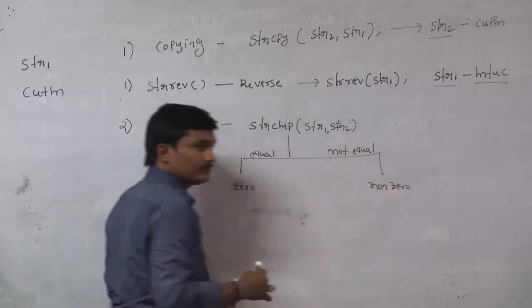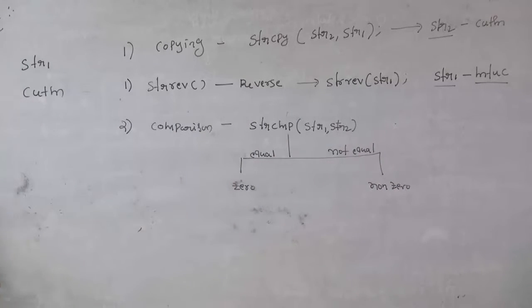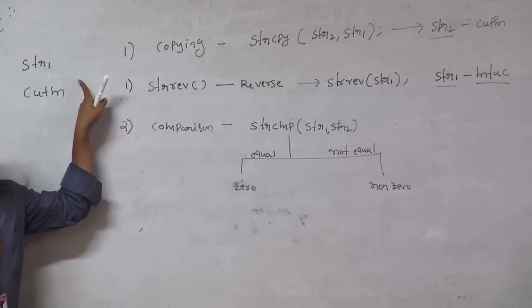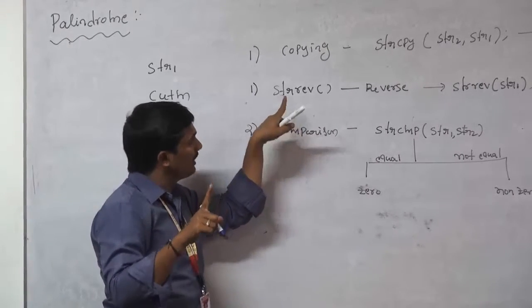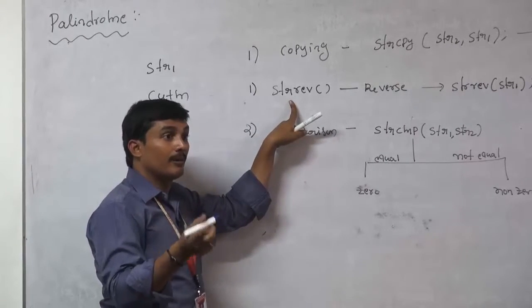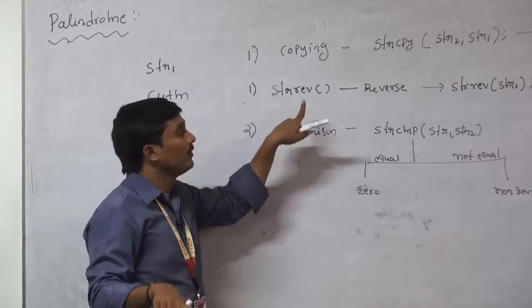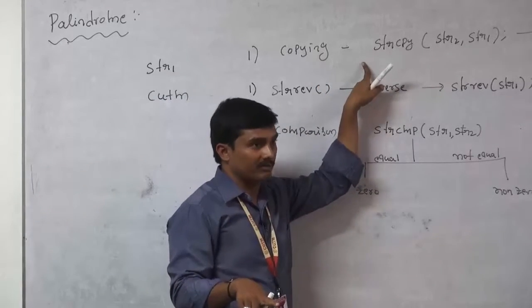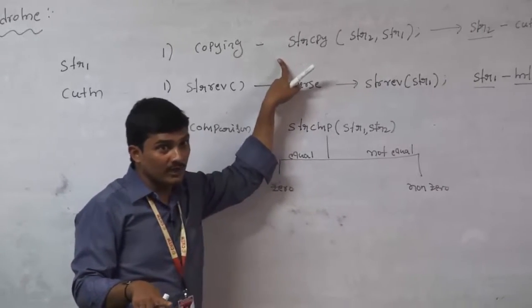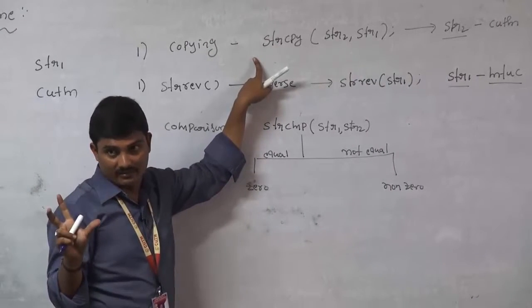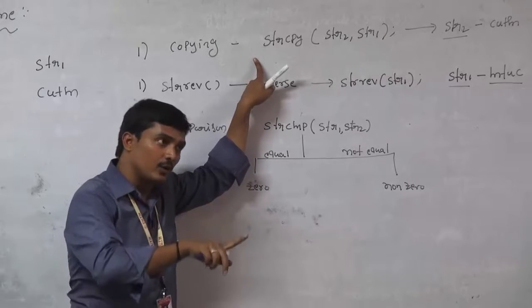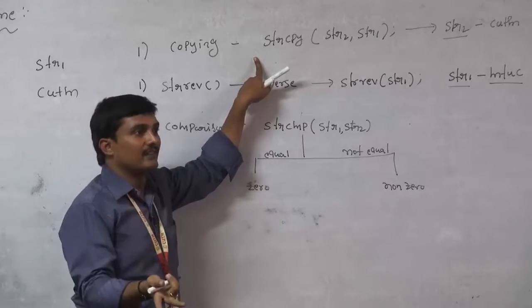Is it easy or difficult? See, within the whole process you are missing the main logic. Your steps are correct. Number 2, you are capable of finding the reverse, but before finding the reverse, you first store your original input. Why? Because we are going for comparison. In case of comparison, we require the original data as well as the reverse data.